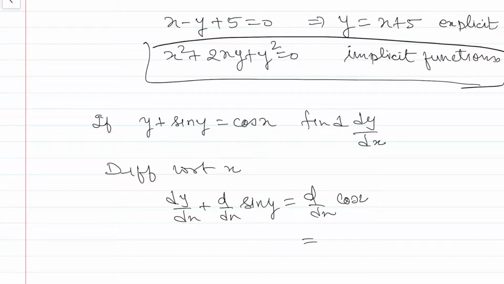Now cos x is a direct function of x, so we'll get minus sin x. Now this is not directly a function of x, so we have to apply the chain rule here.